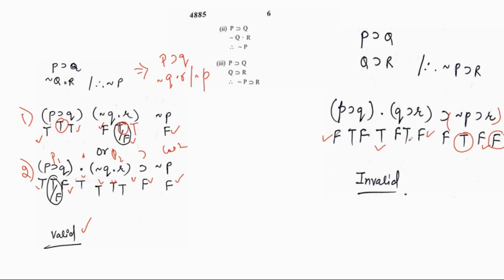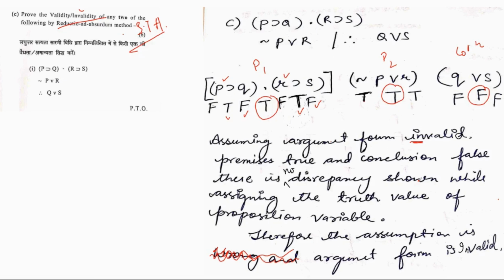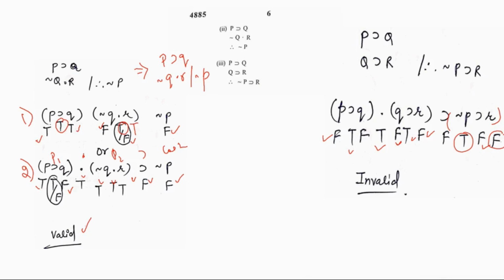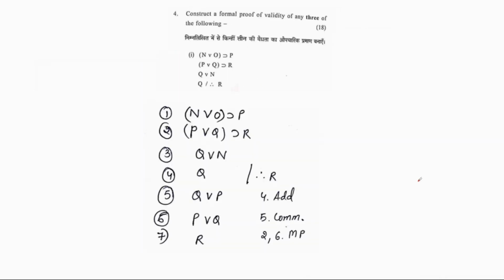So again if it is false, ये दोनों तो true होना चाहिए. डॉट के केस में दोनों कंडीशंस true होते हैं. So again you have to take this one as q का value as false because true लोगे तो ये आपका false हो जाएगा. So there is no error as such, so it is invalid. So you simply have to write the above line assuming the argument form as invalid. ये पूरा लिखना होगा.